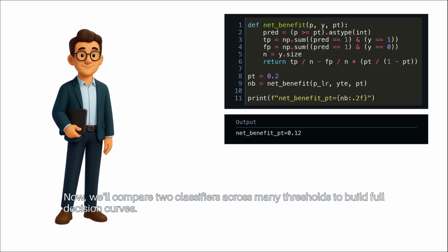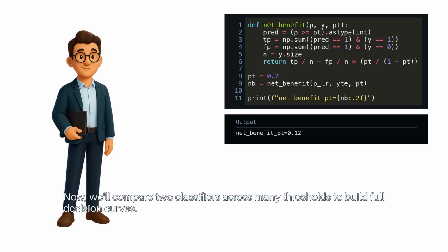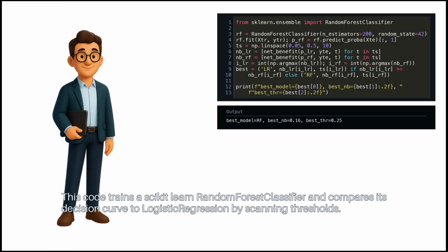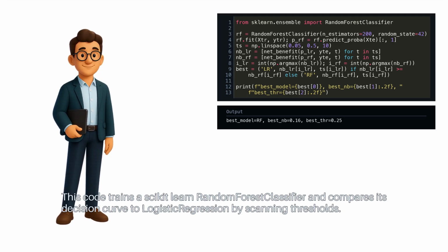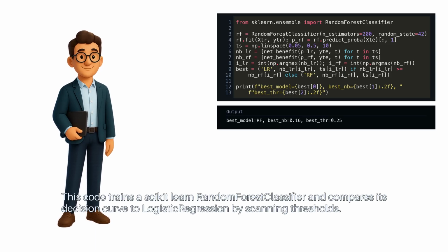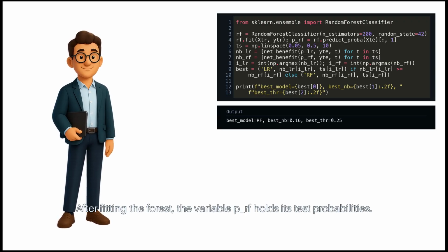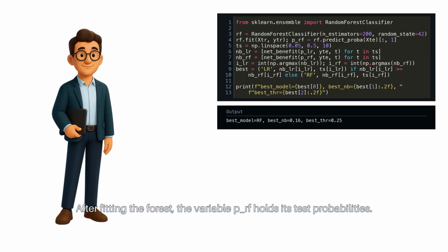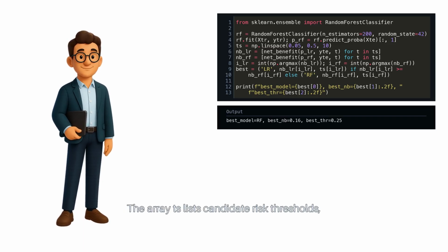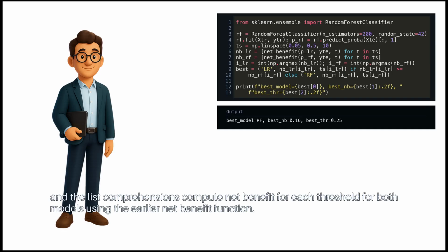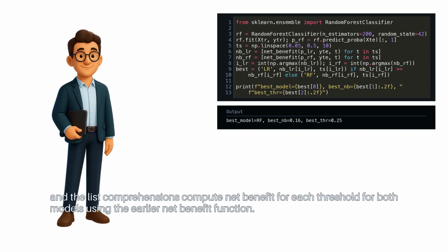Now, we'll compare two classifiers across many thresholds to build full decision curves. This code trains a scikit-learn RandomForestClassifier and compares its decision curve to logistic regression by scanning thresholds. After fitting the forest, the variable prf holds its test probabilities. The array TS lists candidate risk thresholds, and the list comprehensions compute net benefit for each threshold for both models using the earlier net benefit function.